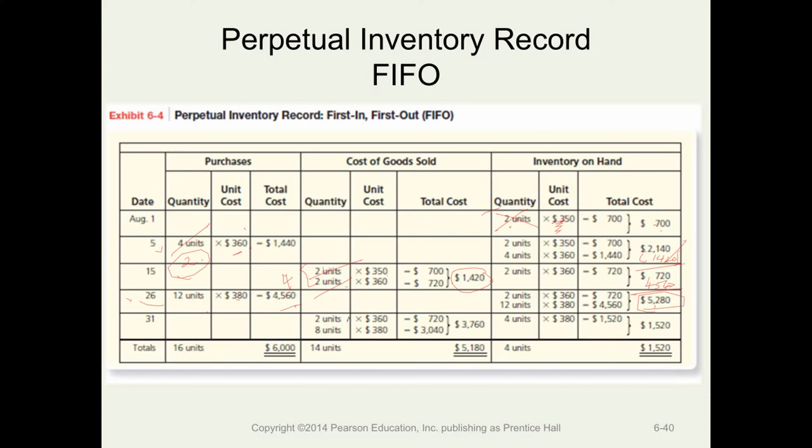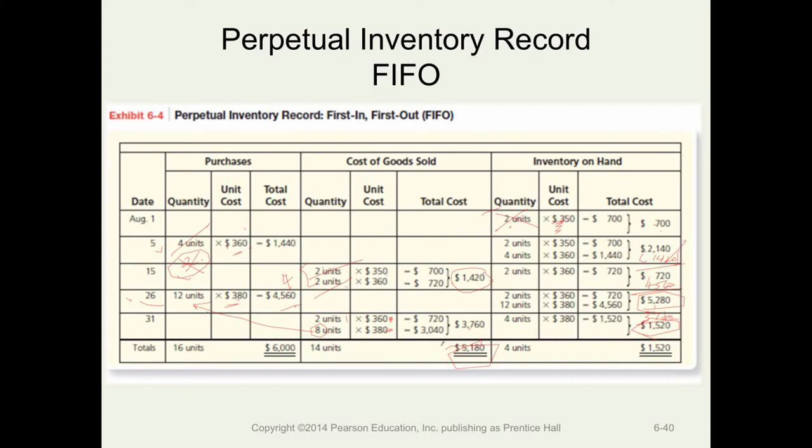The only older cost available is from the August 5th purchase. So those 2 units are sold at $360, and then 8 units are assumed to be sold from the August 26th purchase at $380. So your cost of goods sold is $3760. If I subtract the $3760 here, I wind up with the $1520 ending inventory. And of course, cost of goods sold is $5180.